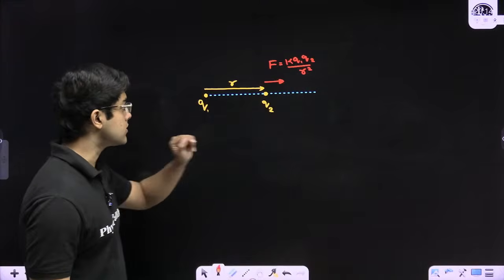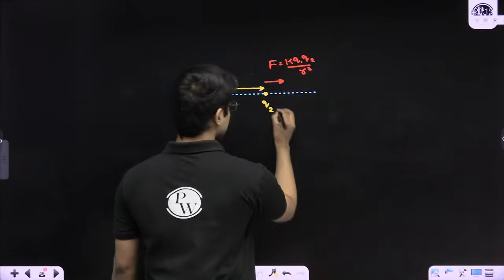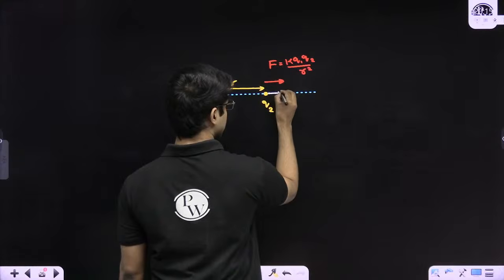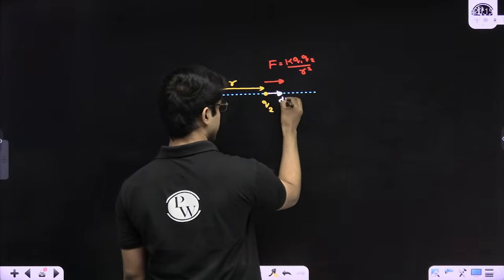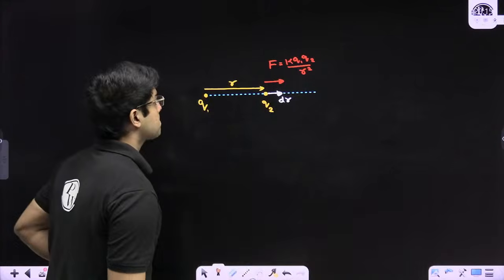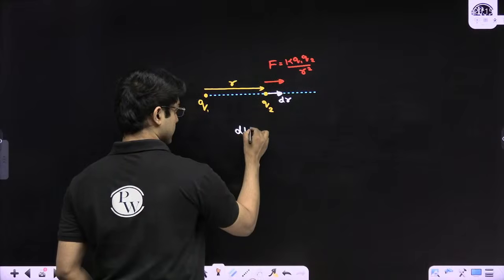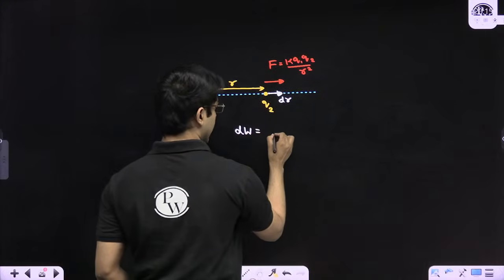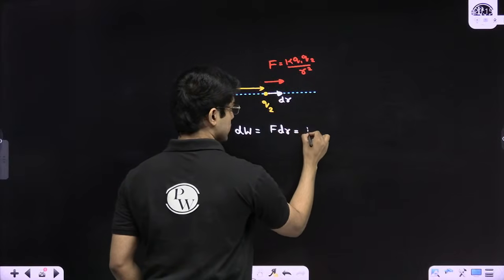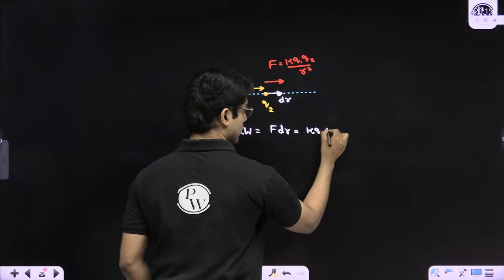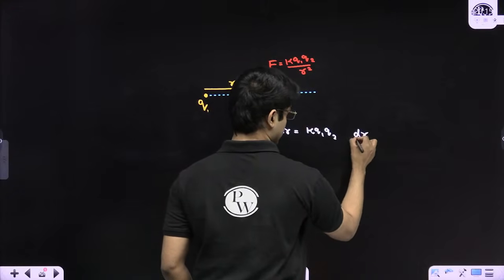Force changes with this distance r. Now let's say we move it a tiny step forward. So this is r, and this tiny step we can call dr. In this tiny step, the small work done will be F into dr, which is kQ1Q2 into dr divided by r square.